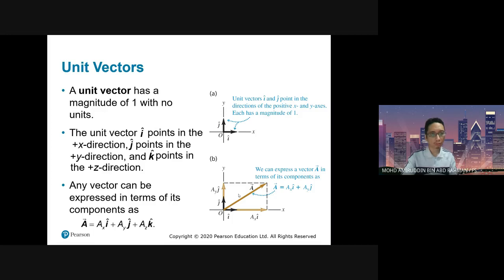Now, the unit vector. What is a unit vector? A unit vector is a vector with a magnitude of 1, and it has no unit. The unit vector i points in the x direction, j points in the y direction, and k points in the z direction.